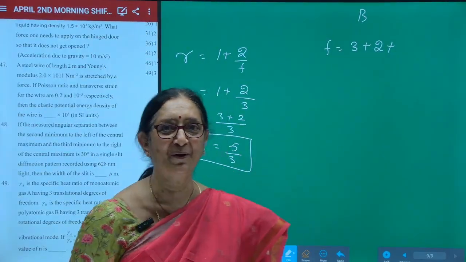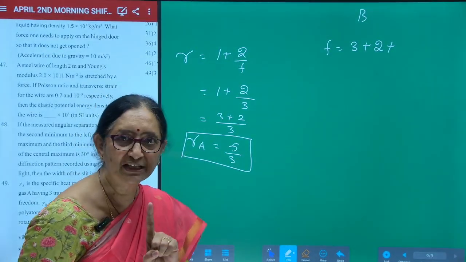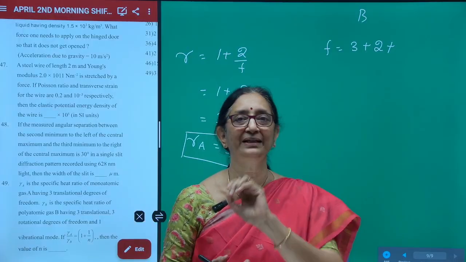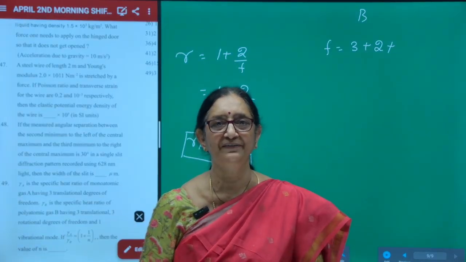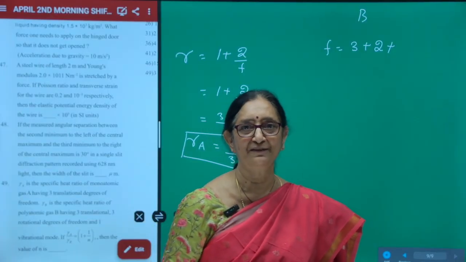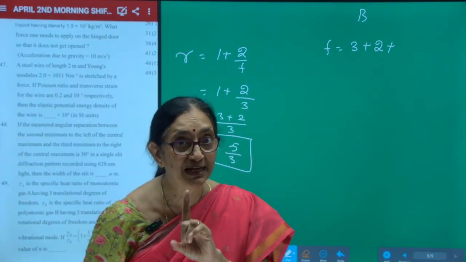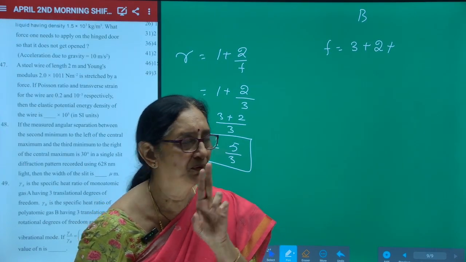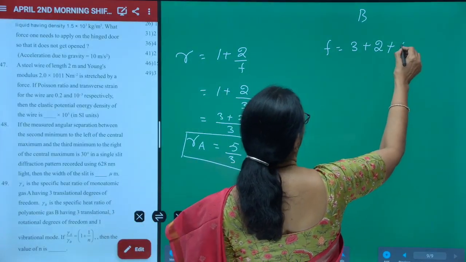That is the most important point of the problem. Each vibrational mode is associated with 2 degrees of freedom, one because of its kinetic energy and the other because of potential energy. So, one vibrational mode indicates it has 2 degrees of freedom.